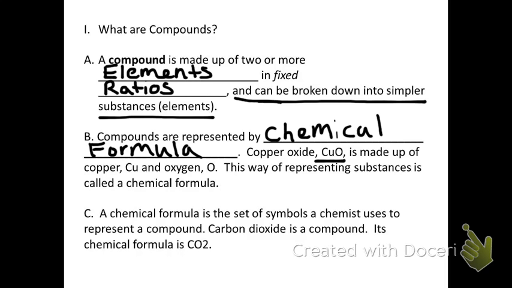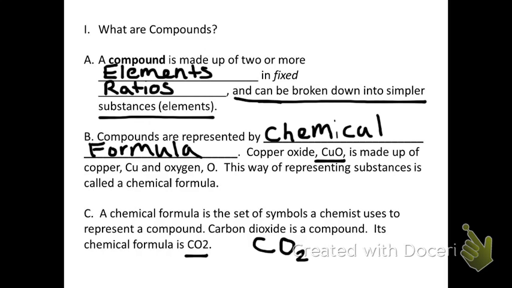So here, a chemical formula is a set of symbols a chemist uses to represent a compound. Carbon dioxide is a compound. It has a chemical formula of CO2. So C represents carbon, O represents oxygen, and the 2 tells us that it has 2 oxygens for every 1 carbon.